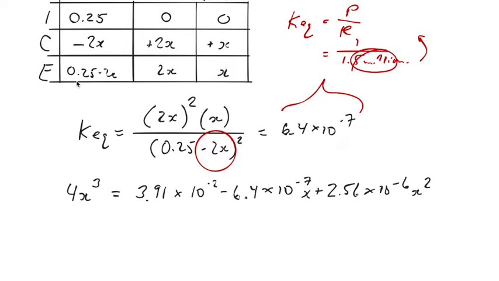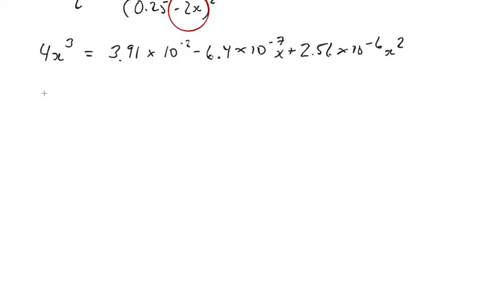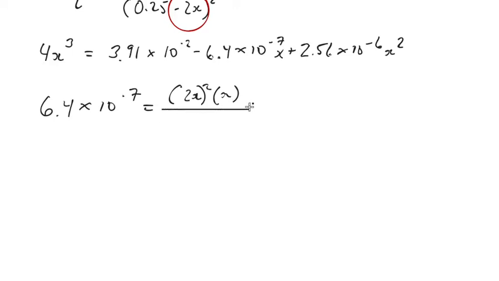So let's see exactly what that looks like from a math perspective first. What we have is our KQ value being 6.4 times 10 to the negative 7, and that's equal to our 2x squared times x, that part remains the same, and it's now divided by 0.25 squared.